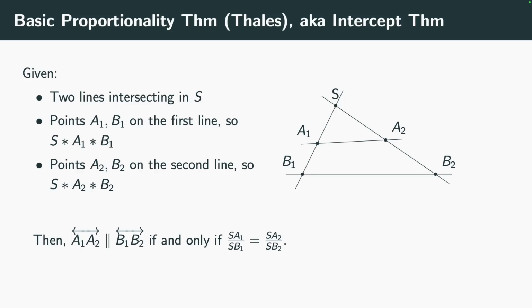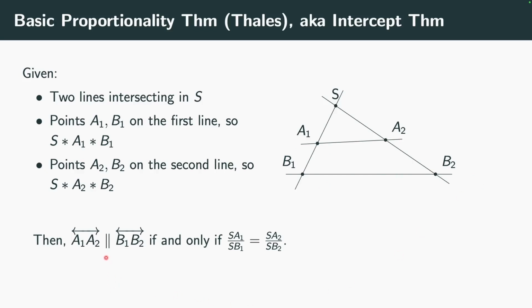So we're given a configuration that looks like my diagram here on the right. We have two lines intersecting in S. We have two points on the first line, A1 and B1, in the order S, A1, B1, so A1 is in between S and B1. And on the second line, we have S, A2, and B2 in that order. And we consider the line that connects A1 and A2, and the line that connects B1 and B2.